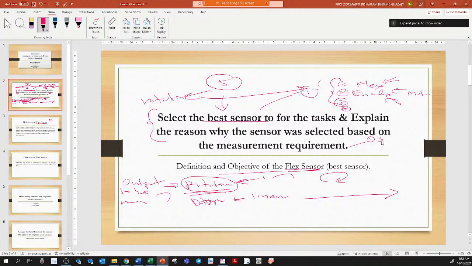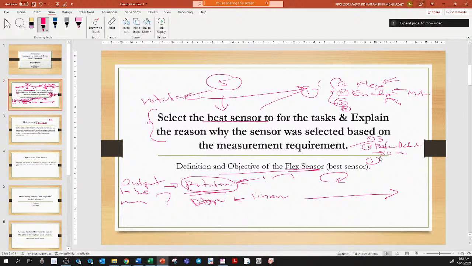So basically, what students need to do when they select the best sensor: first, select 3 types of sensor. Second, refer to the data sheet and the terminology that you have in the exercise. You need to compare and explain why you choose, for example, that sensor as the best.